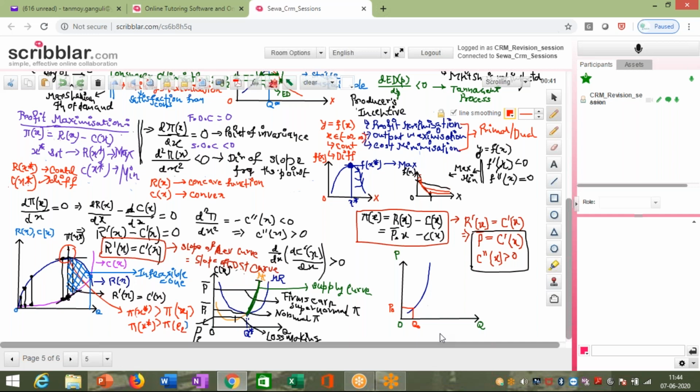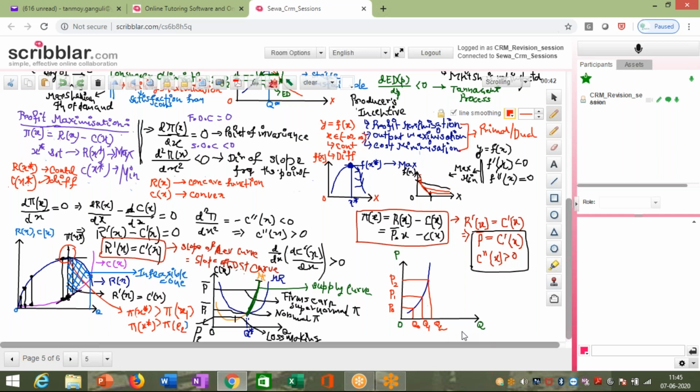So if the prices go up, the willingness to produce increases because of the hope of a greater profit. Right. So this is the price.